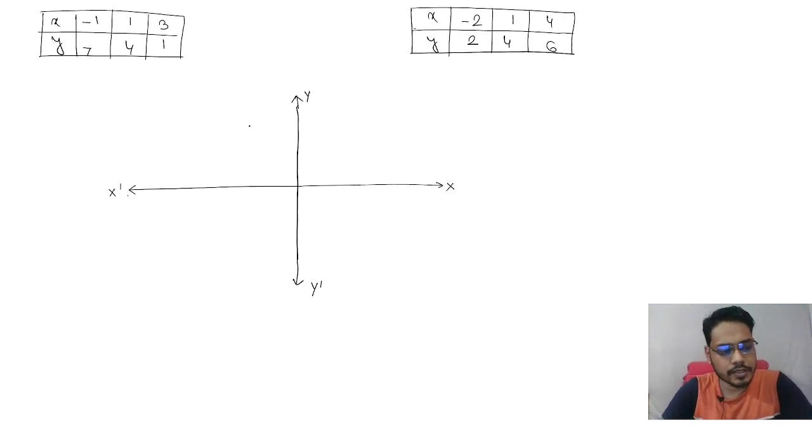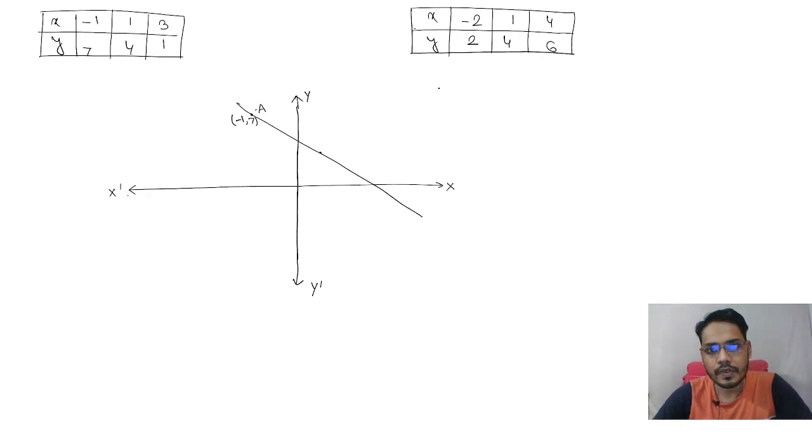So the point, if you put it, it will look like this. So here it is the first point, it is minus 1 comma 7. So now points are A, B and C. Then the intersection point is 1 comma 4. So it will be B, it is 1 comma 4. Now it is 4 comma 6. Suppose it is C point.